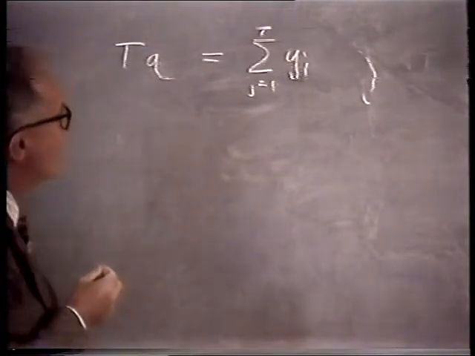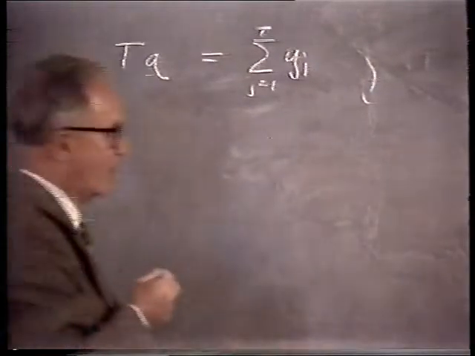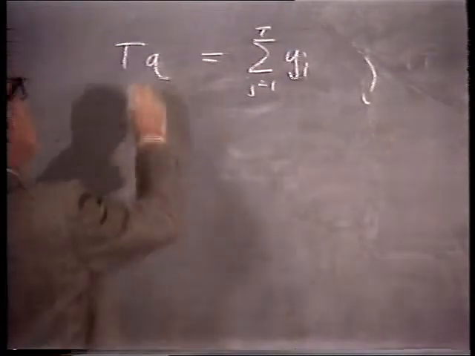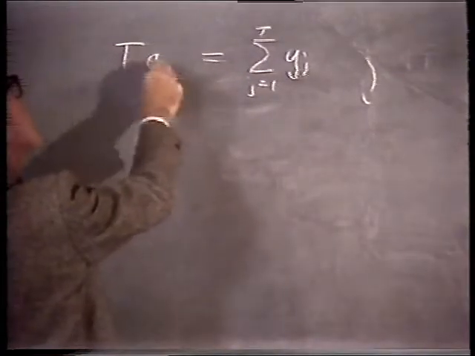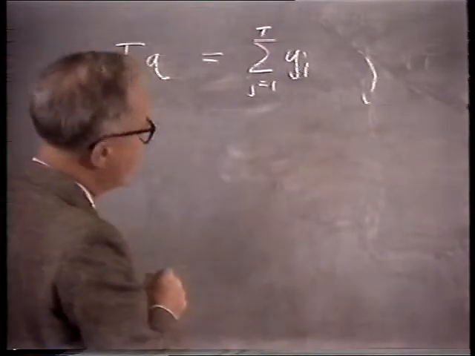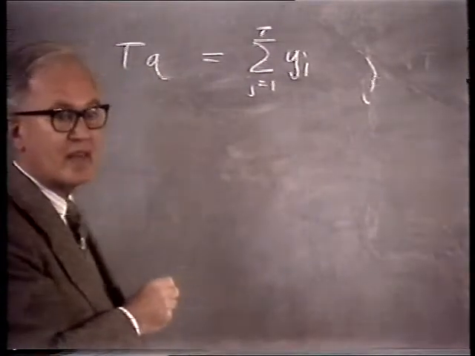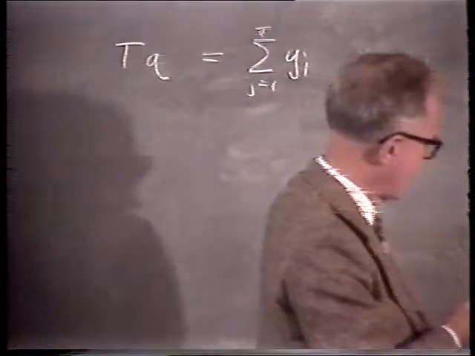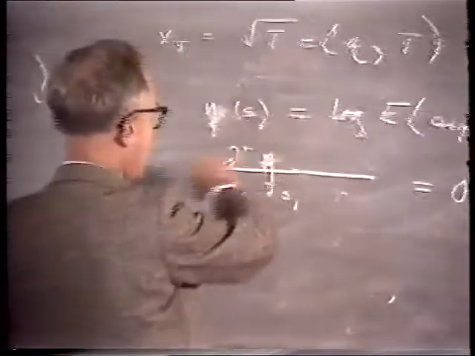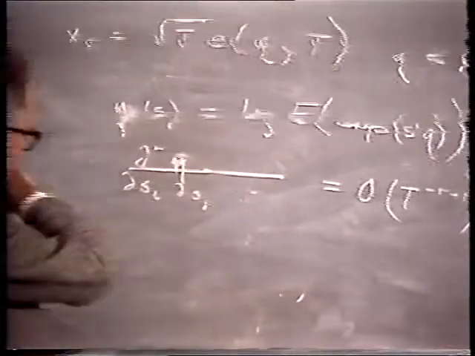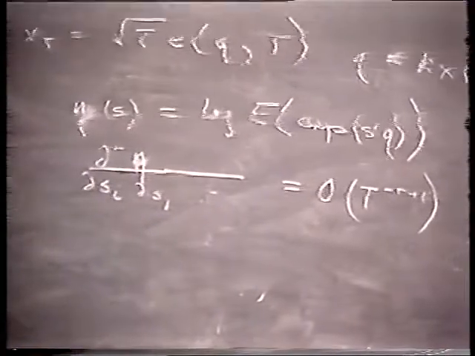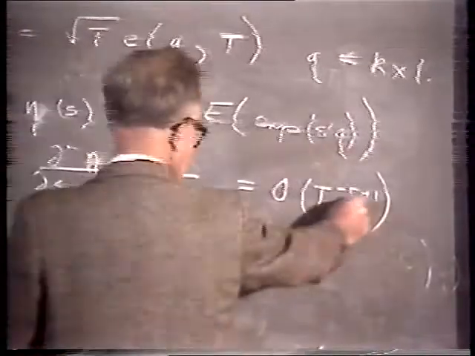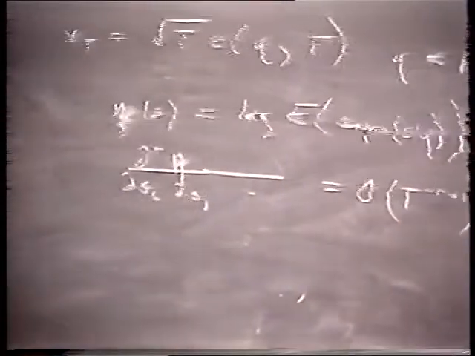As we assumed last week, you have time series dependence type properties, but it's not too surprising that then the r-th cumulant of T times q would be of order T. And then, of course, in order to get q, you're dividing by T, and you're dividing r times, in effect, because you're looking at an r-th order cumulant, and that gives you the T to the minus r plus 1 type of formulation.